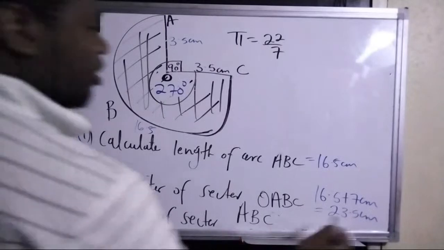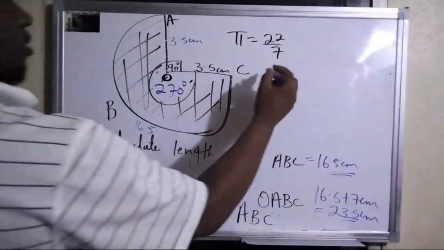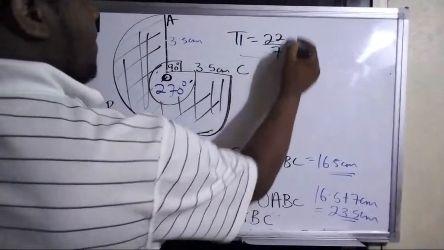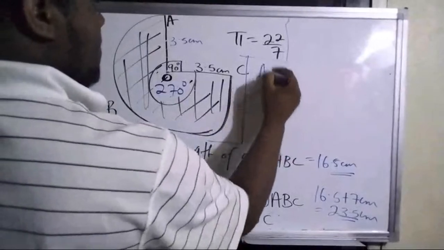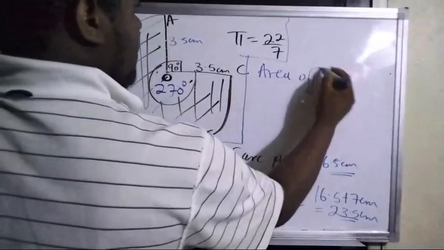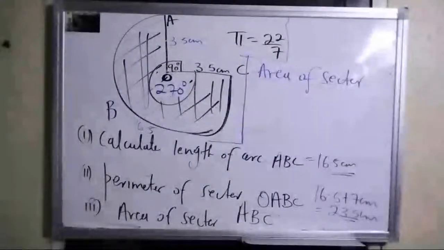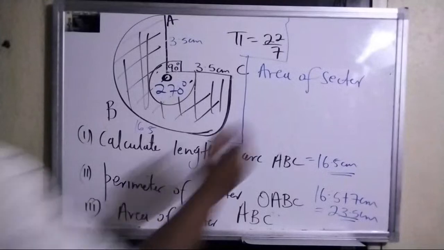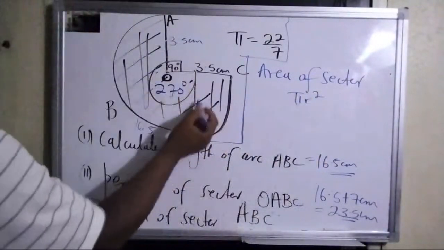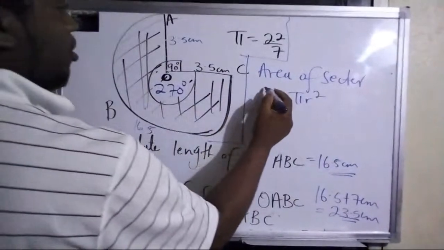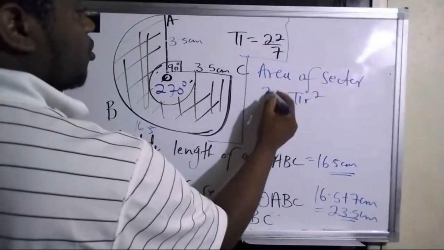Now let us focus on the area of the sector. The area of the circle is pi r squared, but as you can notice, it's 3/4 of it they want. So we come back to the 270 over 360, which works out to 3/4.